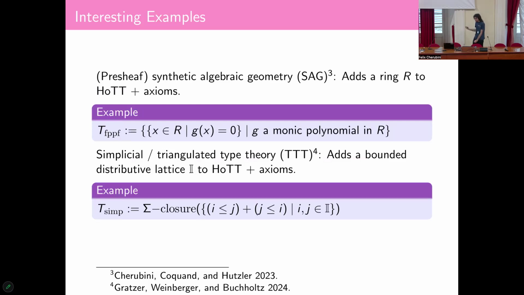Given any algebraic theory, you can add the same axioms to your type theory as in synthetic algebraic geometry, and it's valid in models. Then you're working in the classifying topos of that algebraic theory. If you want to take some quotient, some sub-theory of this, then you just need to find lex modalities. So that's the general setting that I've worked in.